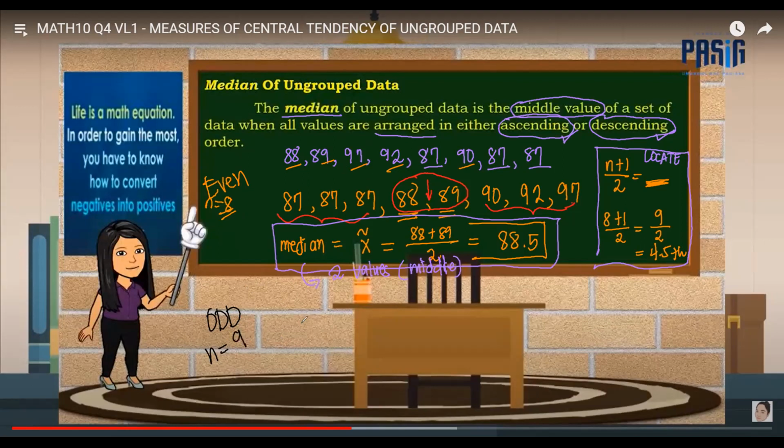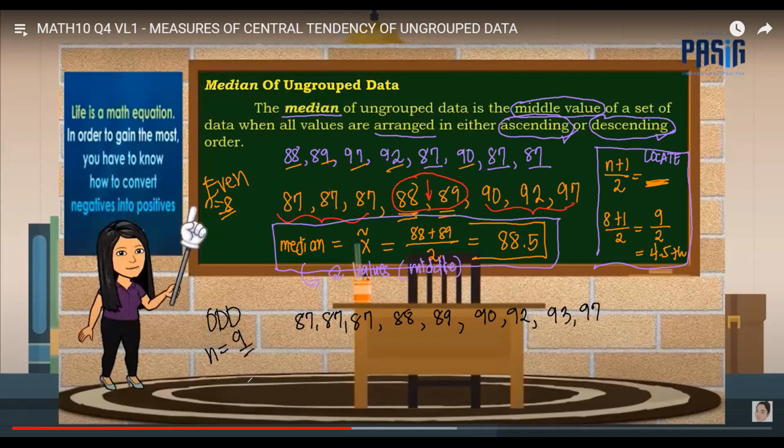So let's say ang data natin ay 87, 87, 87, 88, 89, 90, 92, 93, dinagdagan ko ng 93, and 97. So 1, 2, 3, 4, 5, 6, 7, 8, 9. So siyam na yung data natin.